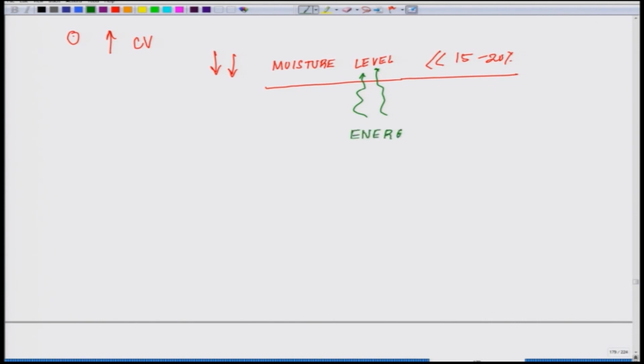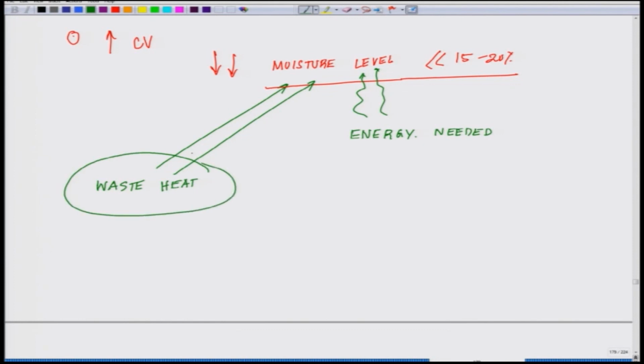There are suggestions which are being followed: this can be achieved by using waste heat which comes out from gasifiers. Waste heat is a huge problem across the globe.